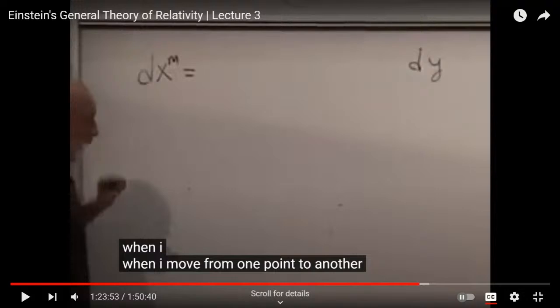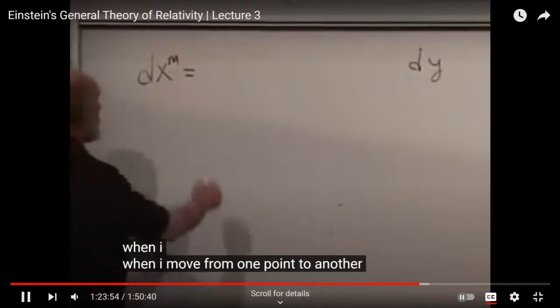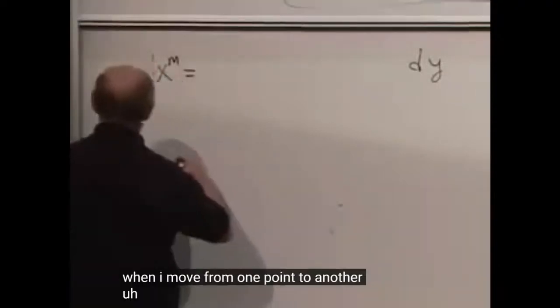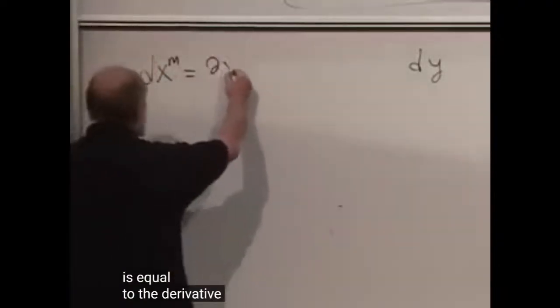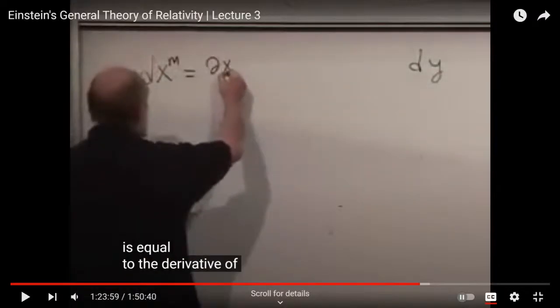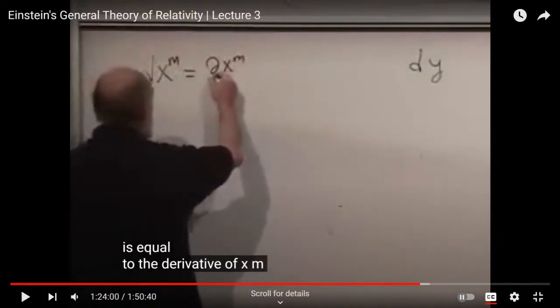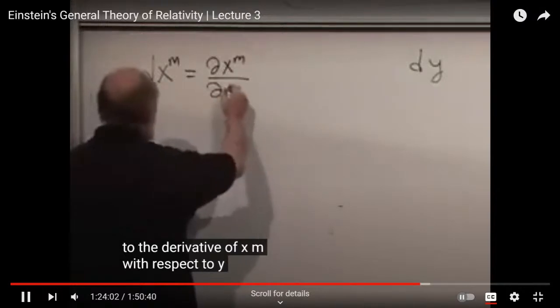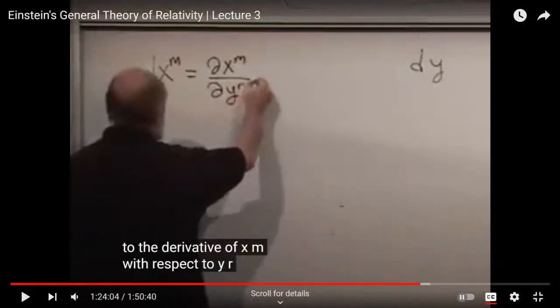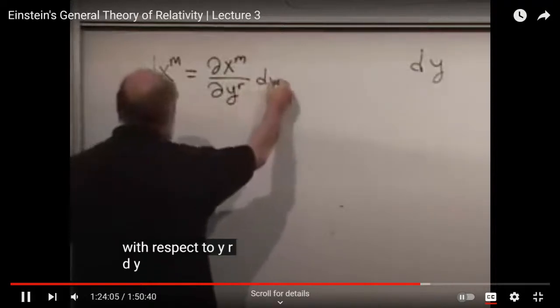dyn times total dyn summed over. Another partial is equal to the derivative of xm with respect to yr times total dyr.